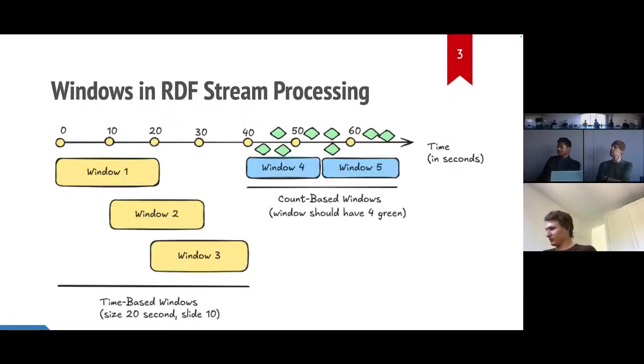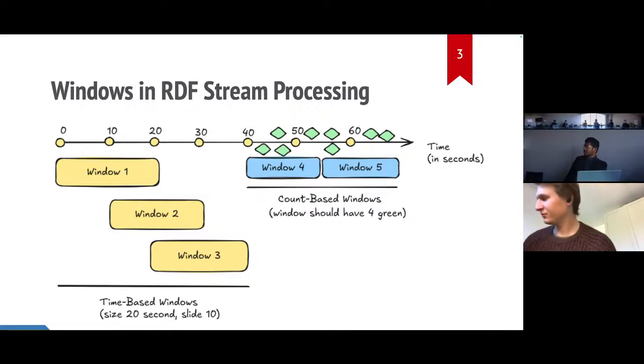Since the stream is infinite, you need to process those streams, so you can use windows. Windows are basically finite chunks that are defined over the stream, which helps you define a particular chunk that you can process. There are basically 2 types of windows: a time-based window and a count-based window.